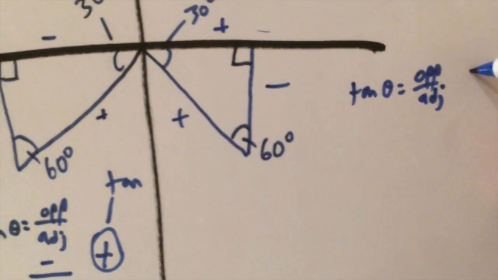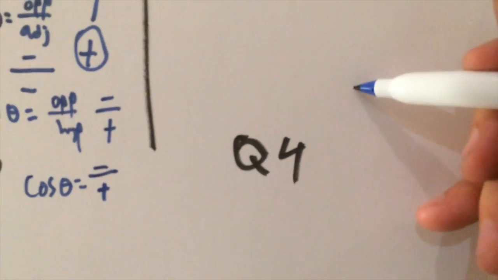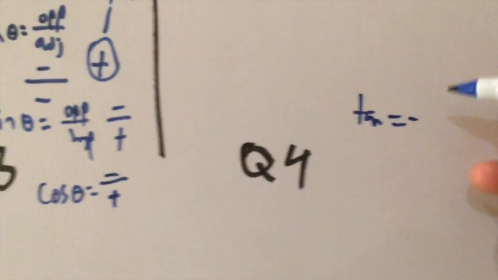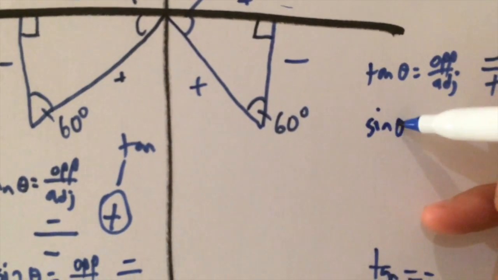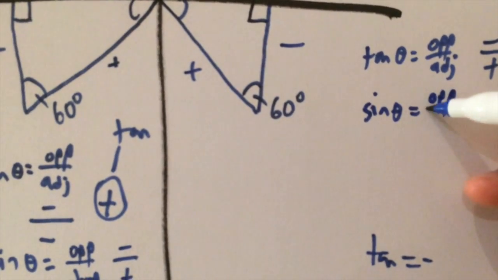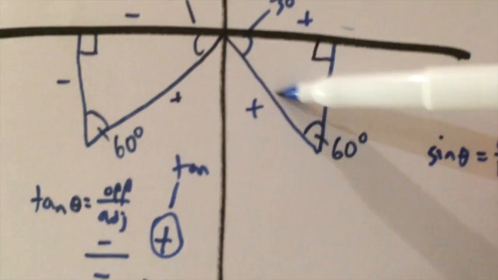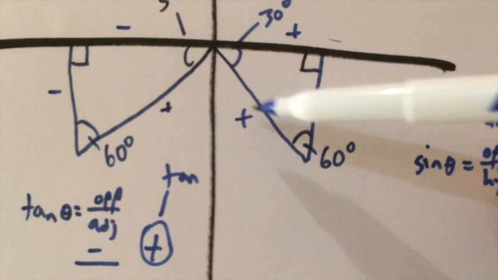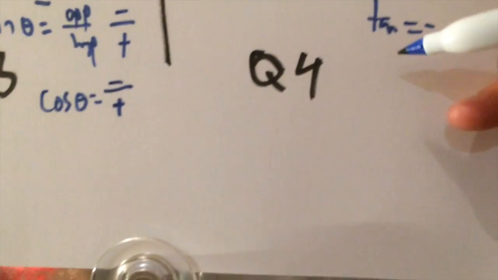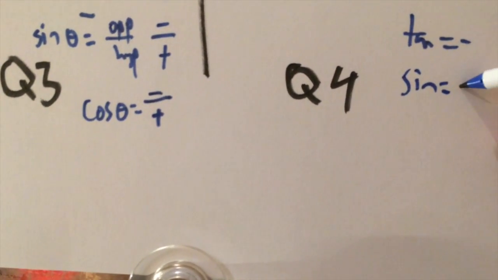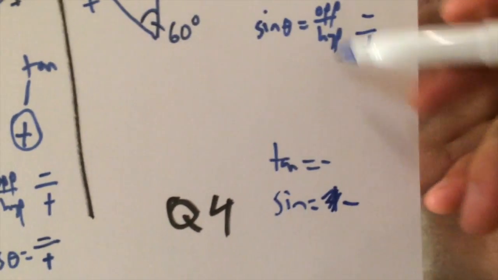So it's going to be a negative over a positive, making it a negative tangent. And sine theta, which is opposite over hypotenuse, is negative over positive, resulting in a negative sine.